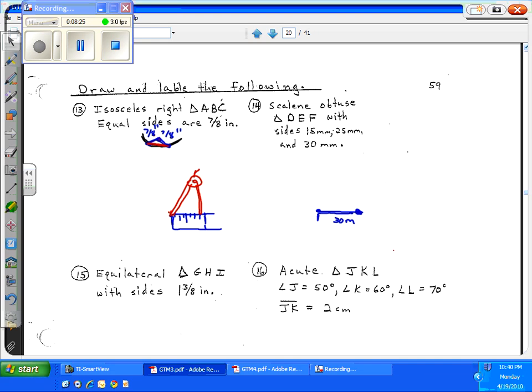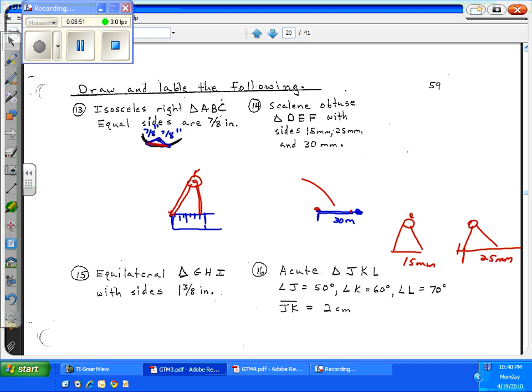And then we're going to take our compass and we're going to open it up to 15 millimeters. And we're going to spread our compass out and make an arc from this vertex. And then we'll open up our compass again with a ruler to 25 millimeters.